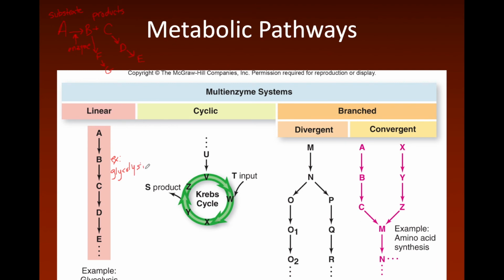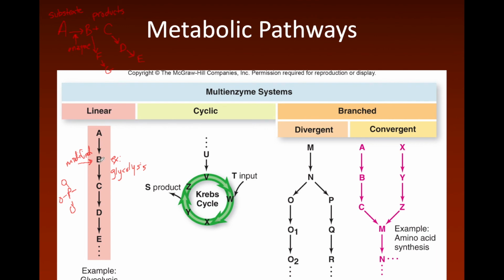There are many examples of linear pathways, but in this case, there are modifications that occur each step along the way. So this is some kind of modified product of A. Phosphorylation is a really common example of modifications, where a phosphate group, a phosphorus with a bunch of oxygens on it, can be added or removed from different chemicals here.